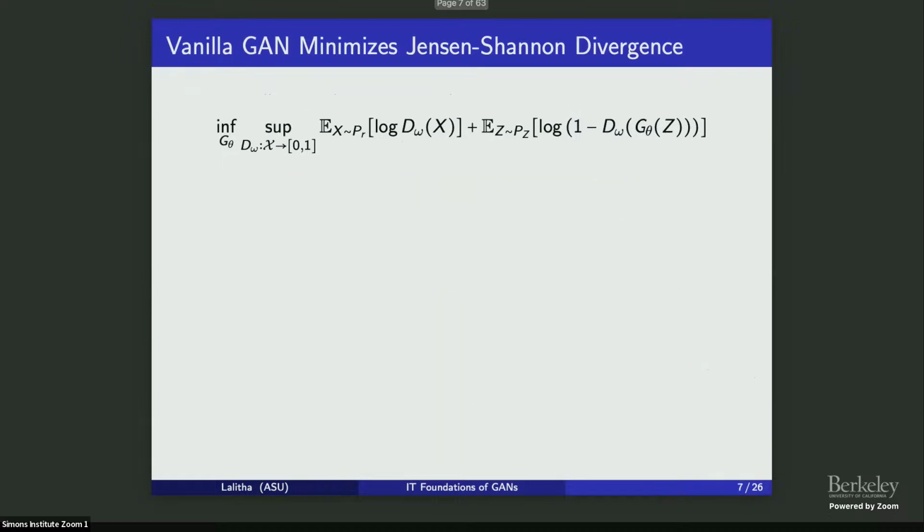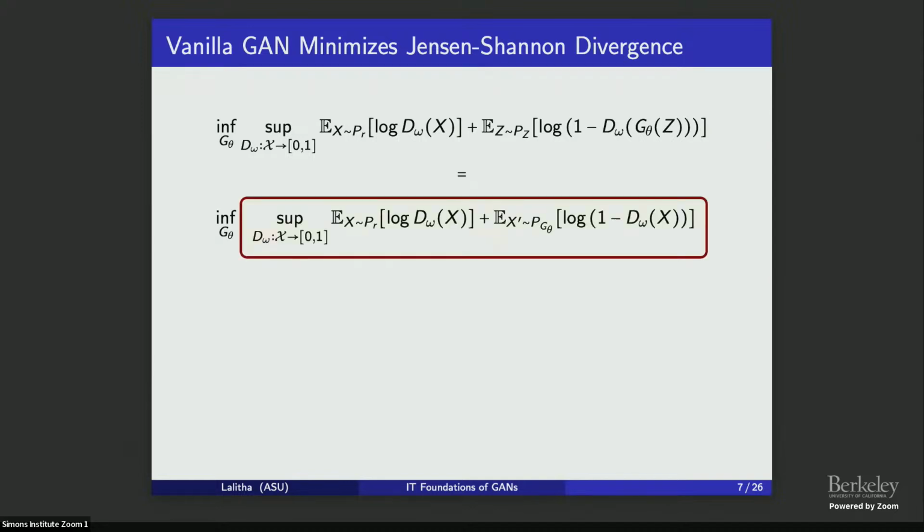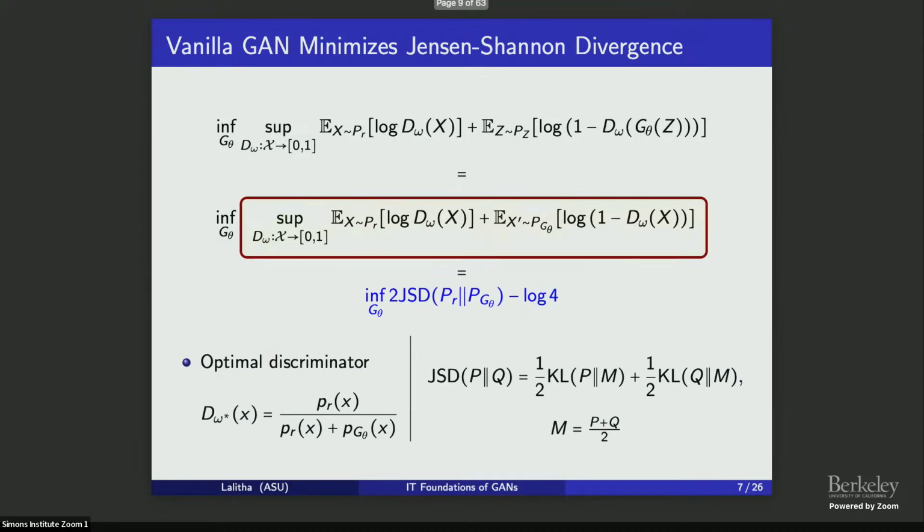Okay, so if you look at this optimization and you start with the inner optimization, which is the supremum over this function, it's not so hard. You can, law of the unconscious statistician, write it out in terms of the distributions on X itself, and you optimize this, you get an optimal discriminator of this form. Now we're in a universe where all functionals are possible. So this would be the best functional for the discriminator.